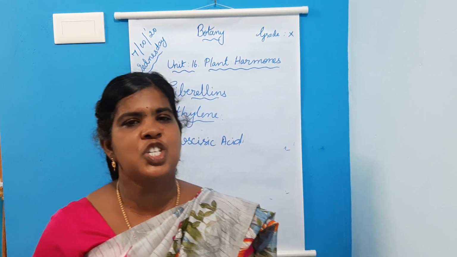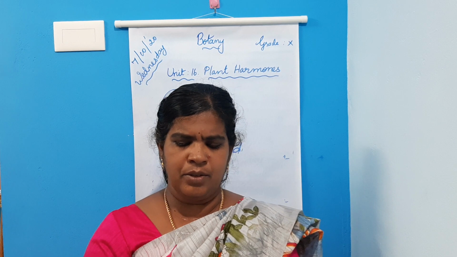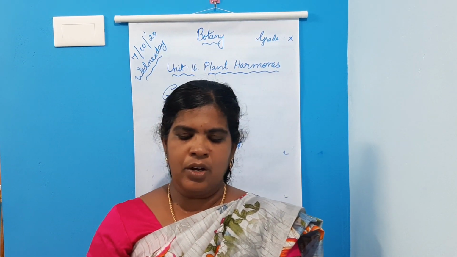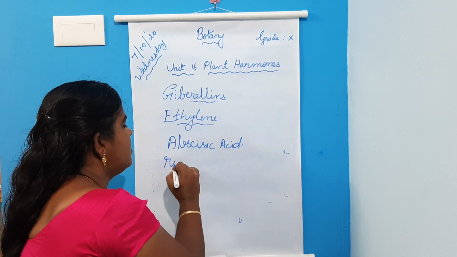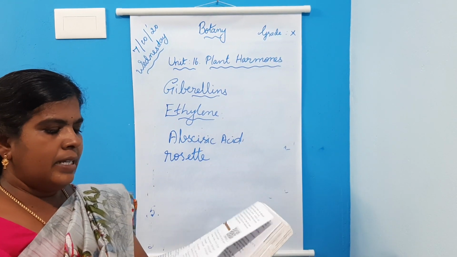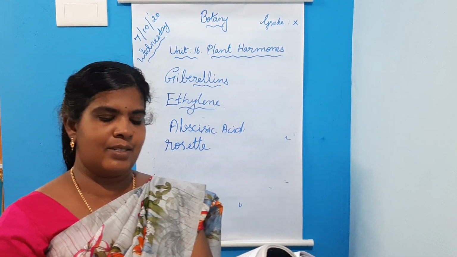Rosette plants have very short internodes, or the internode is very much reduced. So gibberellin induces stem elongation in rosette plants. Next, the hormone which has a negative effect on apical dominance is cytokinin.